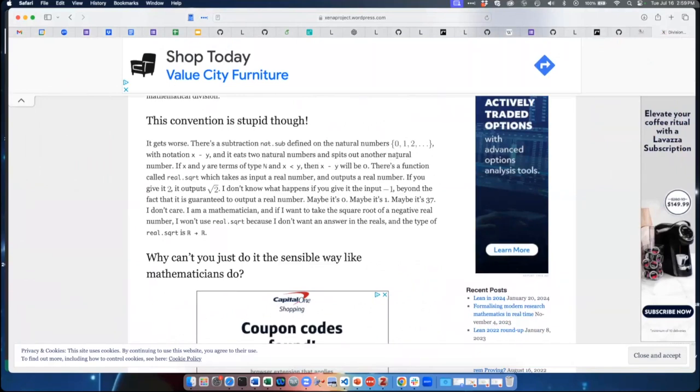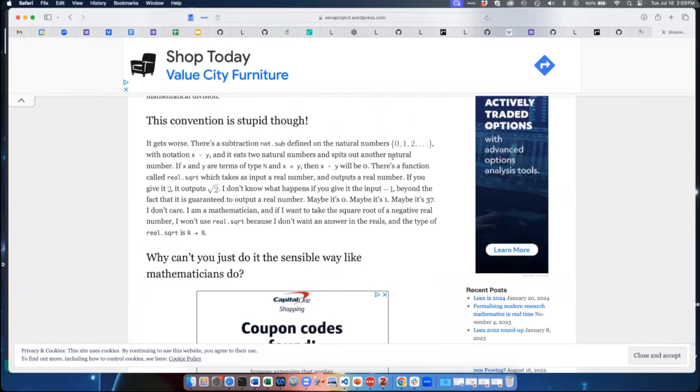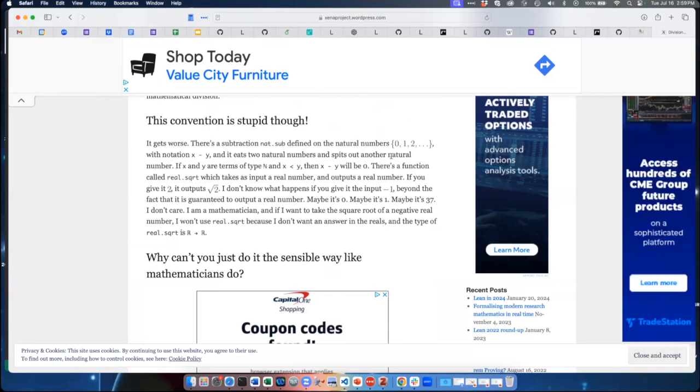I don't even have a choice of spitting out not a number, because not a number is not a natural number. So you get to use this definition if you go and define the thing it should output whenever x is less than y.